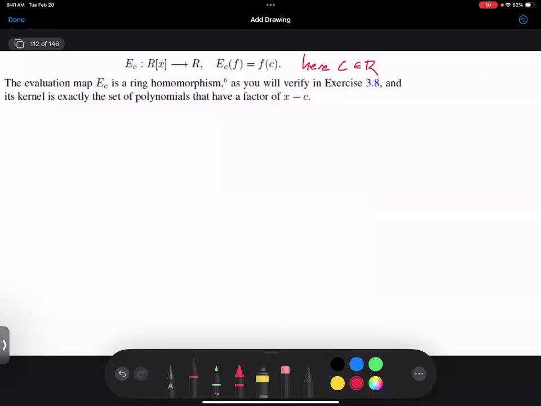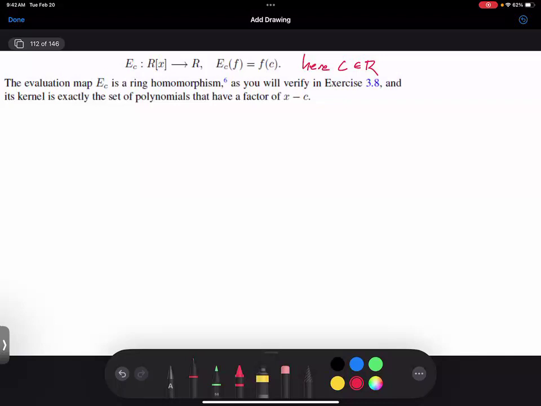We now have to go through and prove all this. In Thursday's lecture, I will probably prove this in section 2 and show that this really is a ring homomorphism. And then the kernel is a really interesting set. It's all polynomials that have a factor of x minus c.